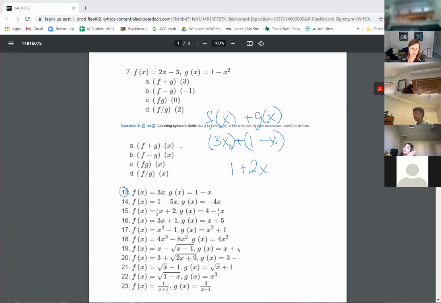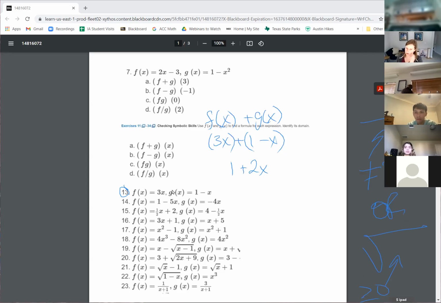So we're good. And then what would the domain be? Did everyone remember to answer domain? It says in the question, identify the domain. So remember, for domain, we want to see if there's anything x cannot be. And the only things we've talked about where x cannot be something is if we have a fraction and then the denominator cannot equal 0, or if we have a square root and then this has to be greater than or equal to 0.